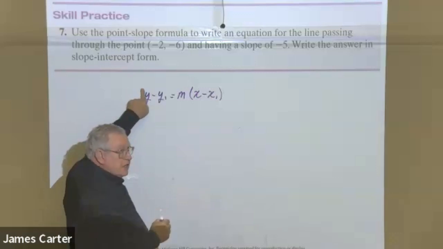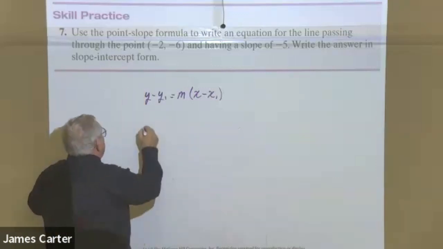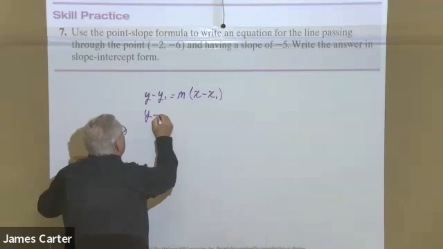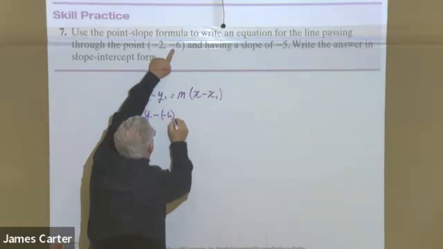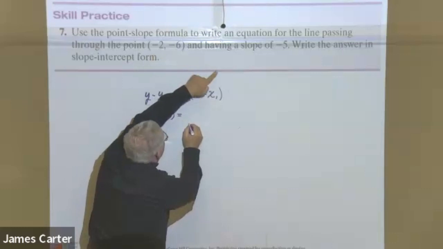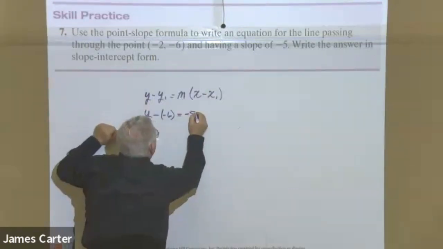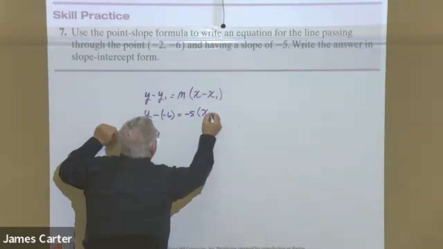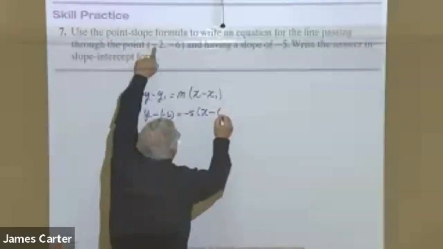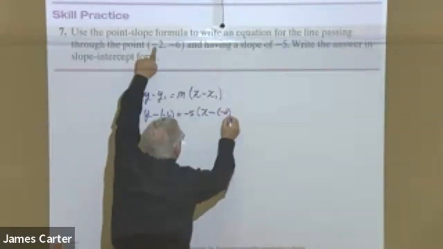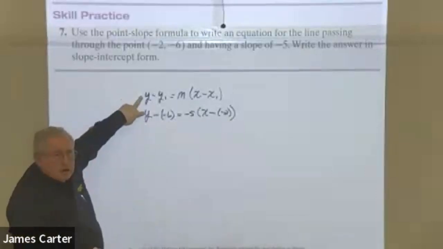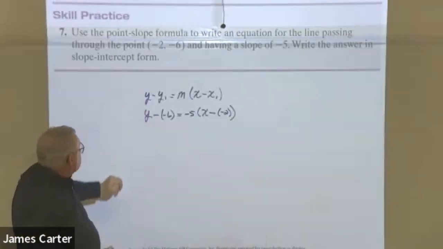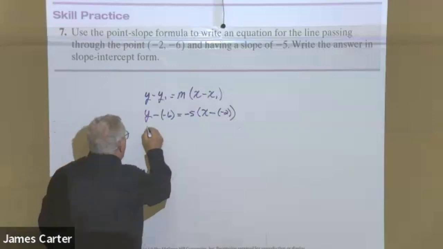1 point on the test, partial credit. Y minus -6 equals -5 times x minus -2. 2 points on a test, even if you mess up the rest of it.